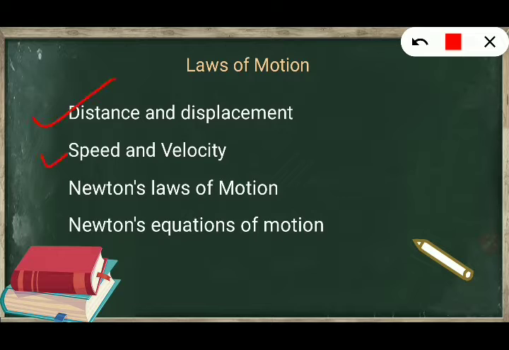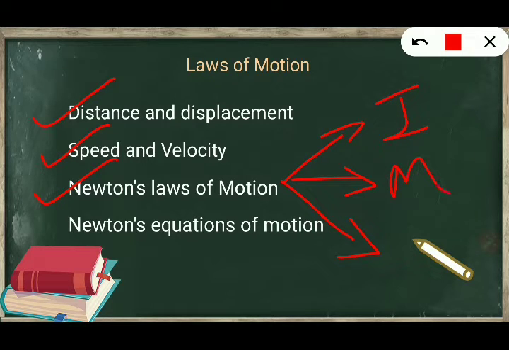You know the three Newton's laws of motion, which you can recall from 9th standard. First is the law of inertia, second is the law of momentum, and third is the law of reaction. Inertia means what? If the body is in motion, it will remain in motion unless and until it is acted upon by an external unbalanced force.